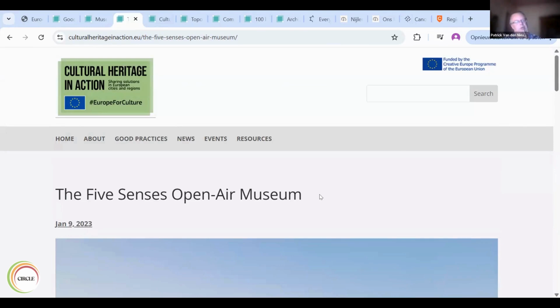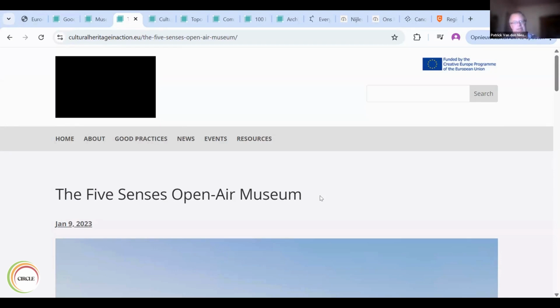if you look at heritage and museums, we have the idea, again, what I told you, we go to a museum, we go to a heritage site to see something and to read the explanation of what you see. So this one was also working with the community, and they used the five senses. What you can see, what you can smell, what you can hear, what you can feel.